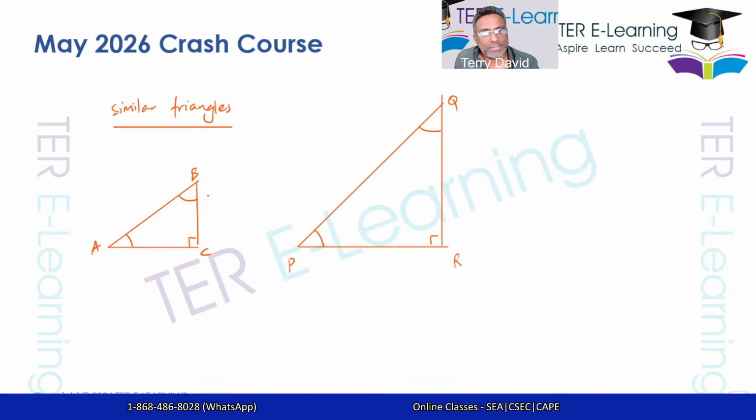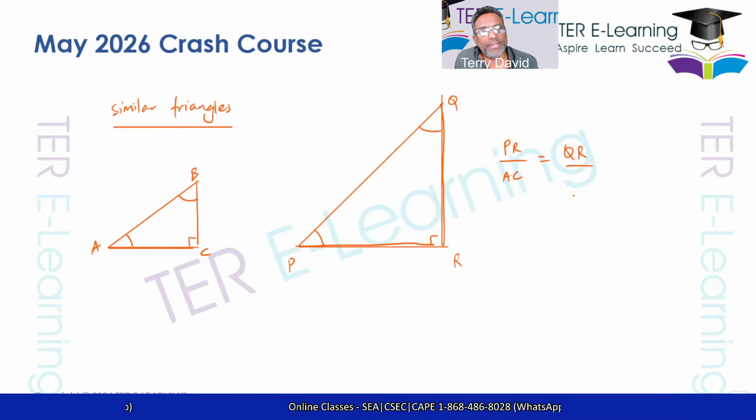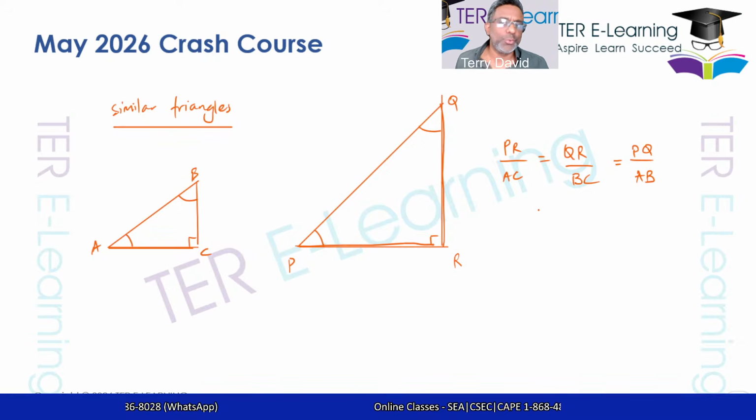But not only that, if we look at this length here and this length here, the ratio of PR over AC must equal the ratio of QR, that's this length here, divided by BC, which is also equal to the ratio of PQ over AB. So we must have two conditions met for you to have similar triangles.